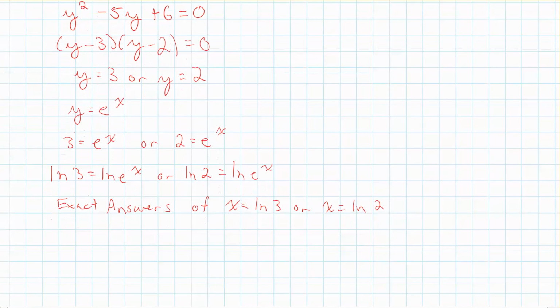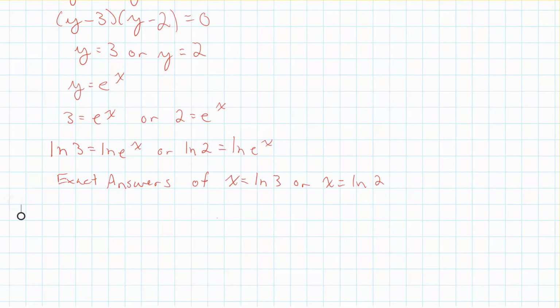And of course we could do these as approximate, so x is approximately 1.0986, or x is approximately 0.6931.